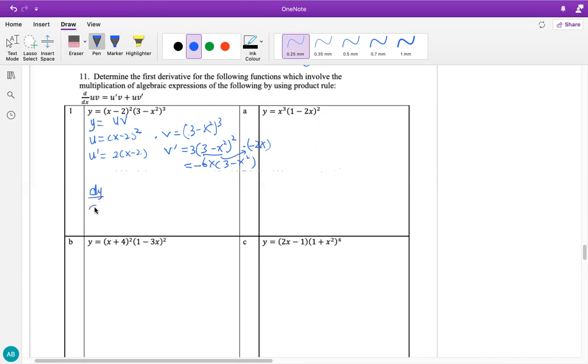So dy dx will be equal to u prime v plus uv prime. For u prime v, you substitute in, so it becomes 2x minus 2 times negative 6x, then 3 minus x squared, and then plus x minus 2 squared times v prime.